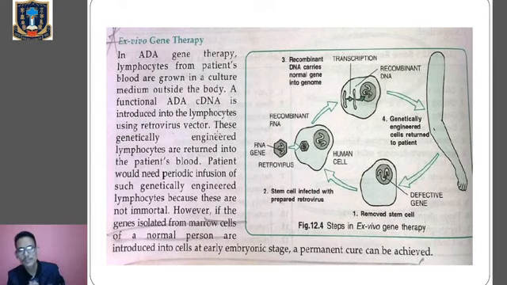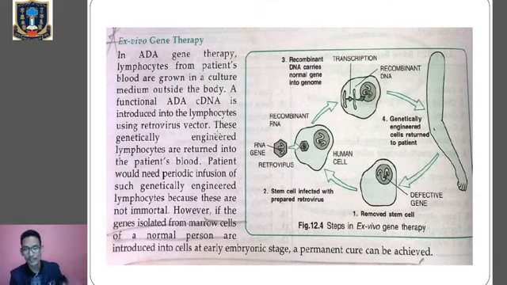Clear? So in ADA gene therapy, what we are doing is that the lymphocytes, the WBC from the patient's blood, are grown in a culture outside the body. That means from the patient's body we will take off the lymphocytes and we will culture those lymphocytes not inside the body of the patient but outside the body.